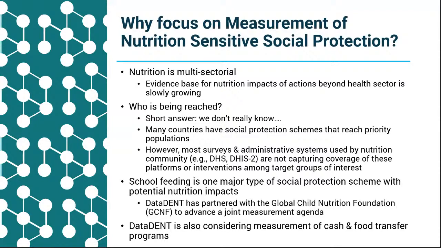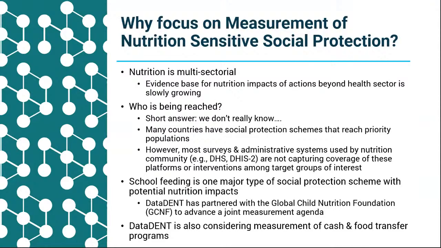Many countries have social protection schemes that reach some of the populations we prioritize in nutrition, especially women of reproductive age and young children. However, most surveys and administrative data systems that are used by the nutrition community, like the DHS surveys or the DHIS2, are not capturing coverage of these platforms that might be through schools, through other schemes among the target groups.